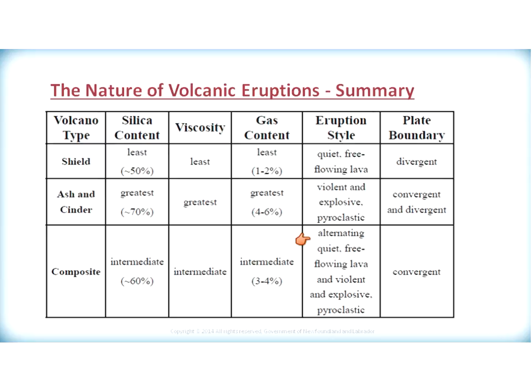They tend to erupt with alternating quiet, free-flowing lavas and also violent and explosive pyroclastic material. So in an eruption along a composite cone, we tend to see alternating lava flows with pyroclastic material. And these types of volcanoes are predominant at convergent plate boundaries.